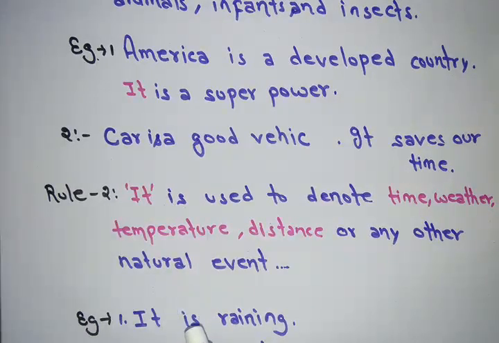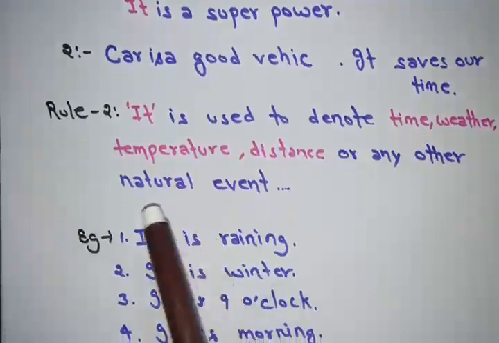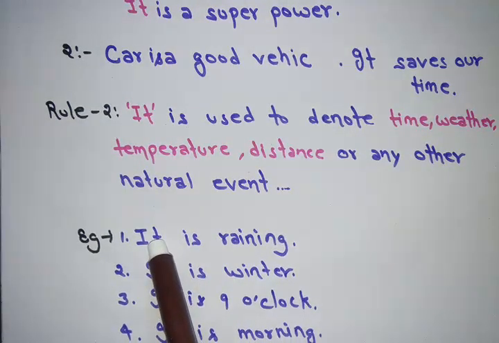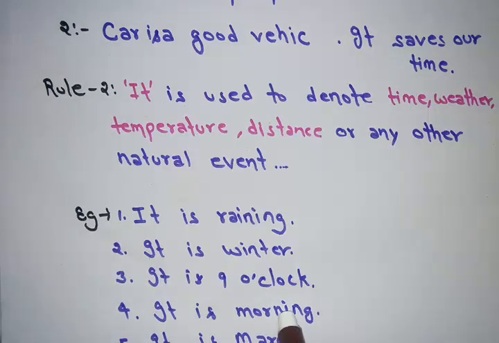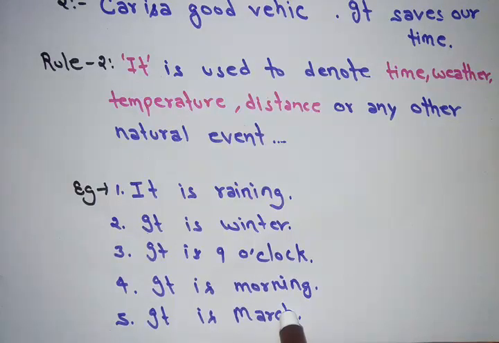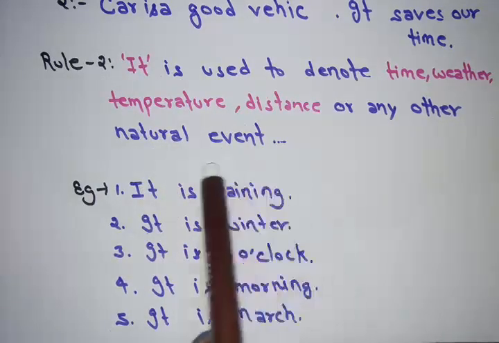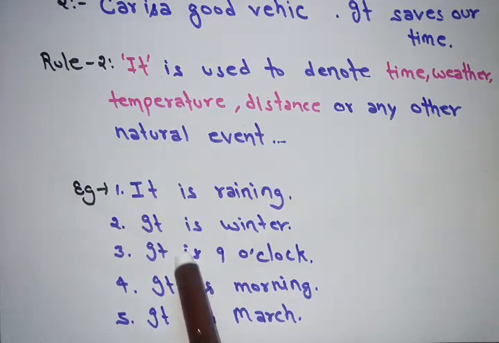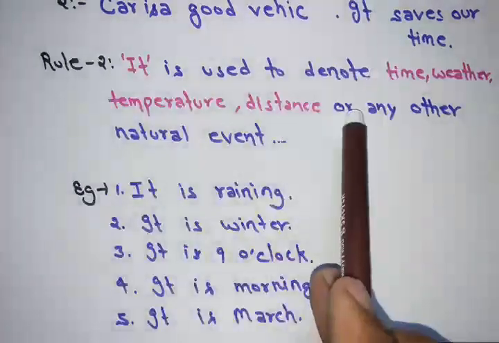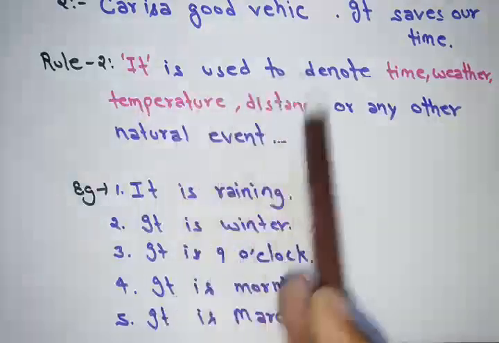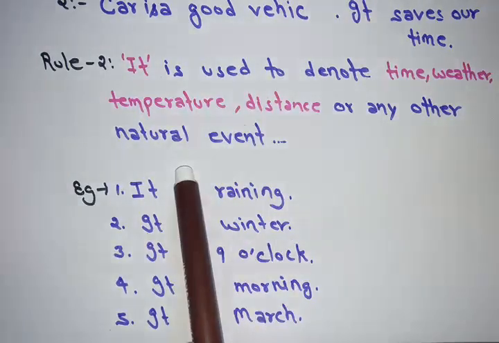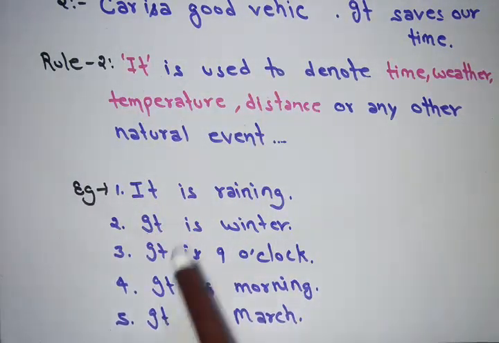For example, it is raining, so "it" has no meaning here. And it is winter, it is 9 o'clock, it is morning, it is March. So these are some examples of where we can use "it" to denote time, weather, temperature, distance, or any other natural events. So here "it" has no meaning.